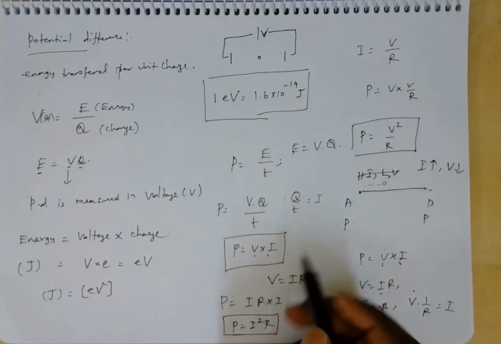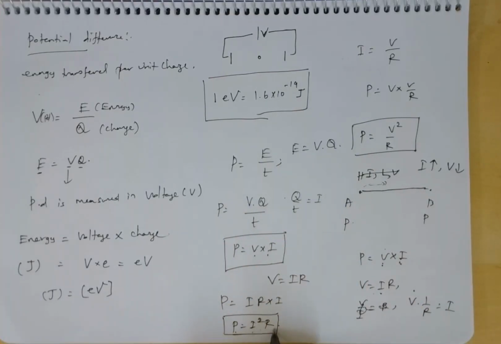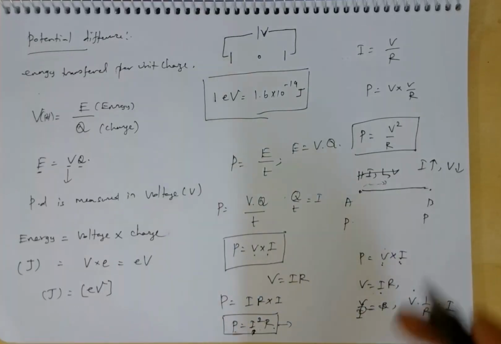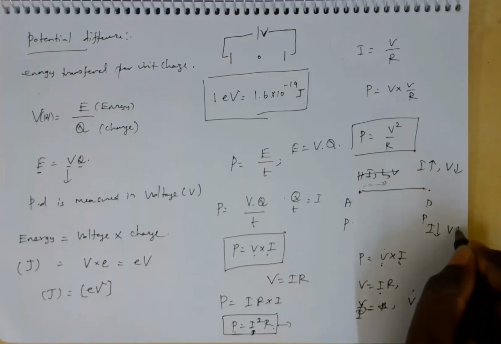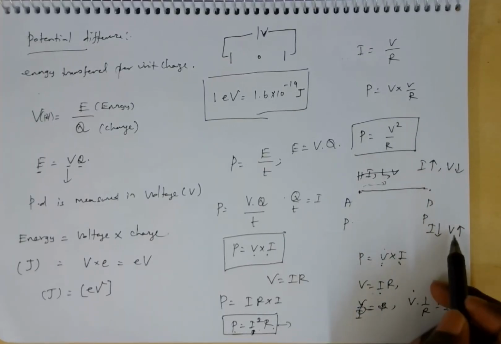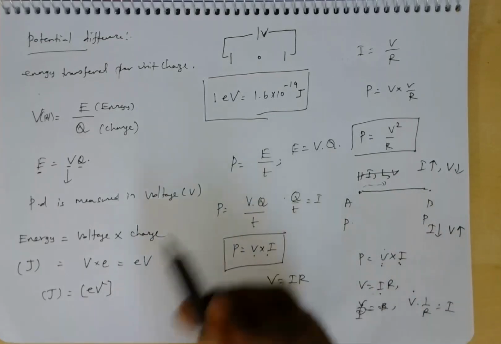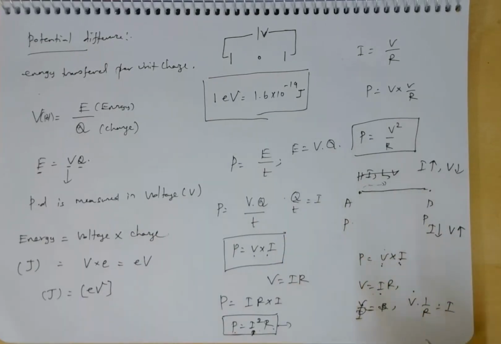So if you take this equation, power is I square into R. Already you are sending higher current and your resistance is also going to increase. So power loss will be higher. But if you choose to send lower current and higher voltage, as you increase the voltage, resistance will decrease.